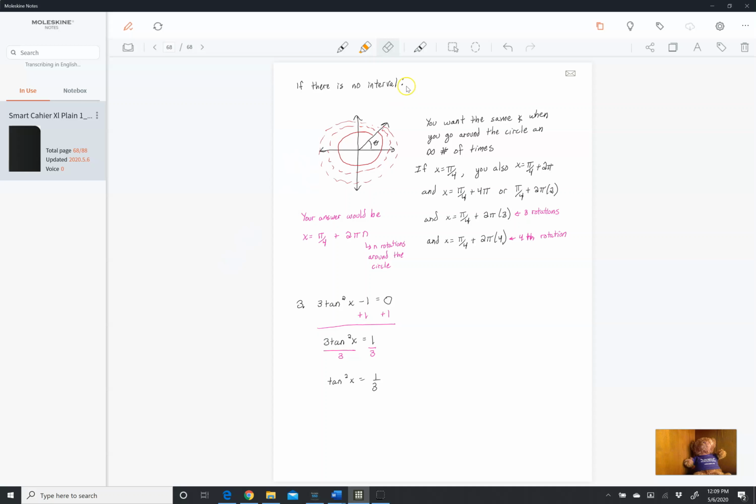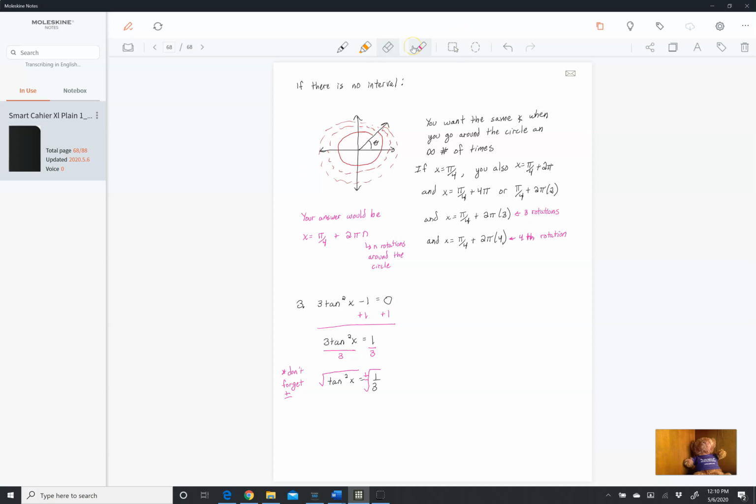We need to isolate tangent. We have to take the square root. Now, when we take the square root, remember, you need a plus or minus every time you take the square root. Okay, don't forget the plus or minus.